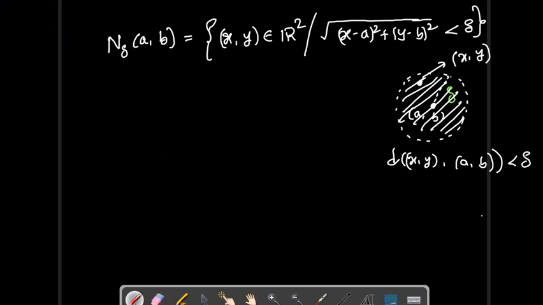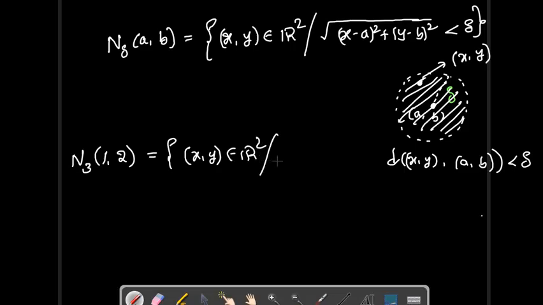Suppose I write N3 of (1, 2). This represents all (x, y) in R2 such that the distance, square root of (x minus 1) whole square plus (y minus 2) whole square, is less than 3.